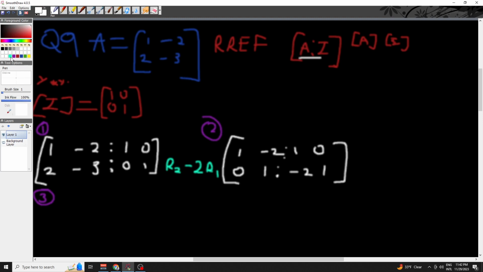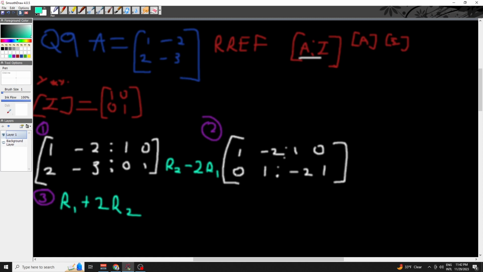So now our next equation is going to be row 1, because that's the row we want to modify, to make this a 0. So we're going to do row 1 plus 2 row 2, because we just want to take this 2, crunch it into this negative 2, and make it a 0.